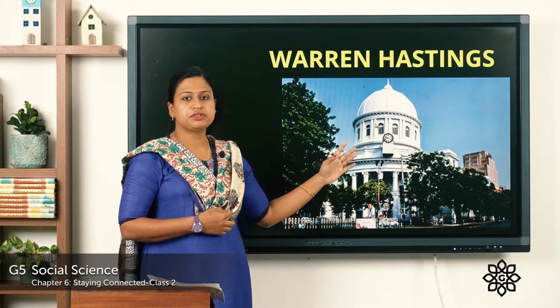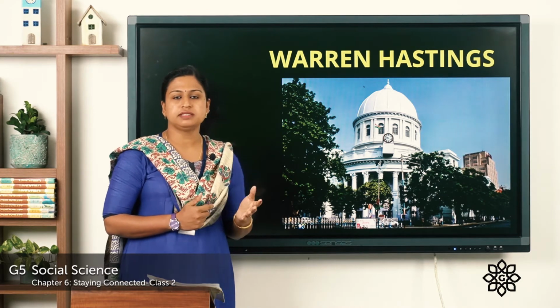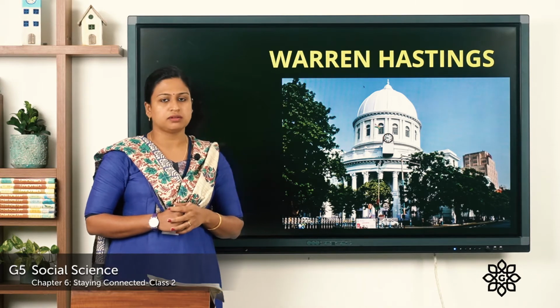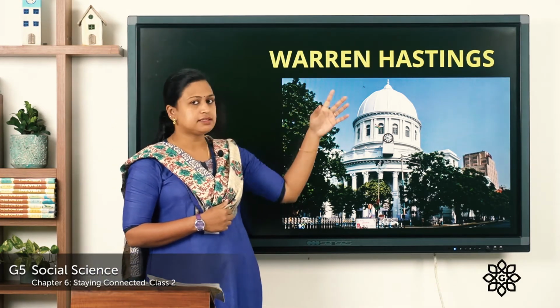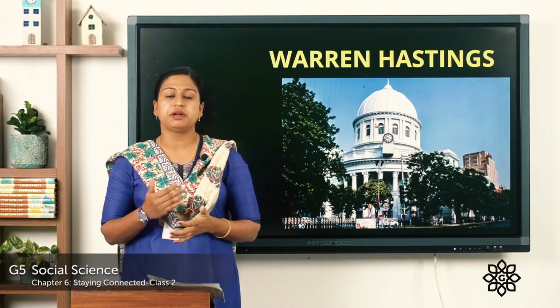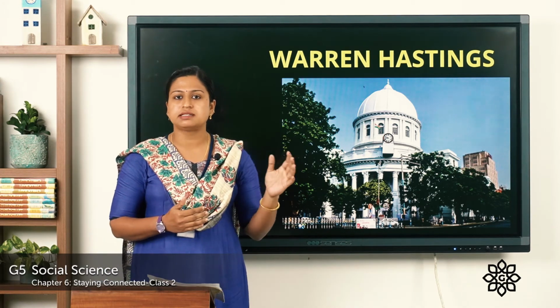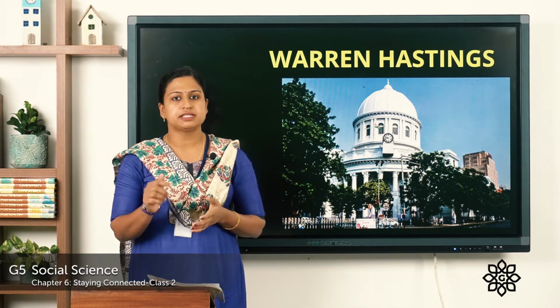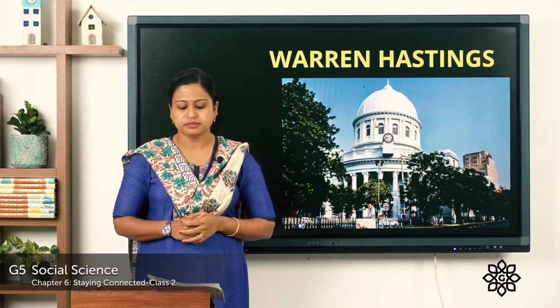You can see the picture of the first postal service that was established in Calcutta. Now it is known as Kolkata. And Warren Hastings, the Governor General of British East India Company, established this post for the people in March 1774.